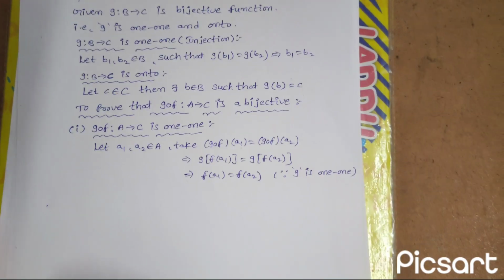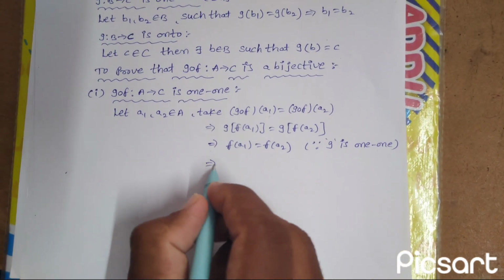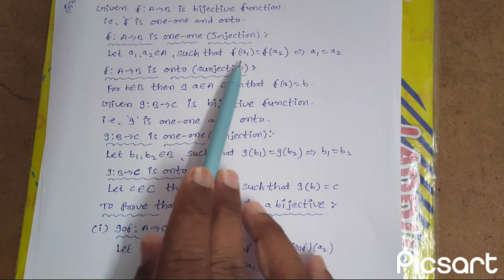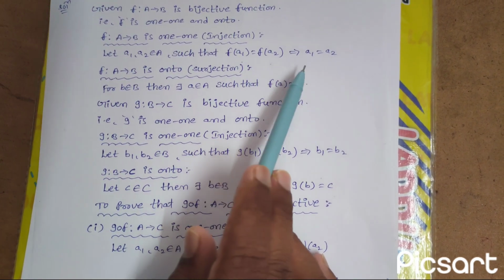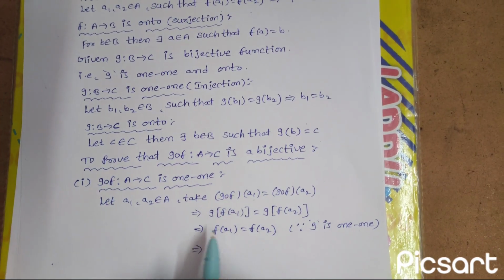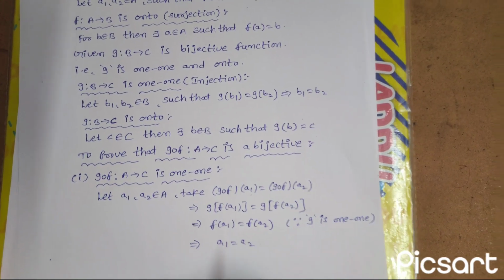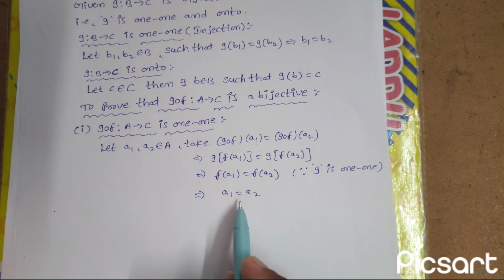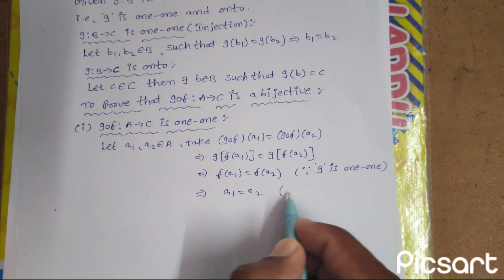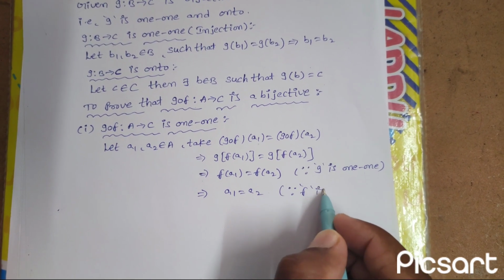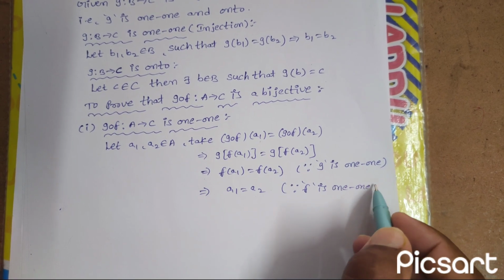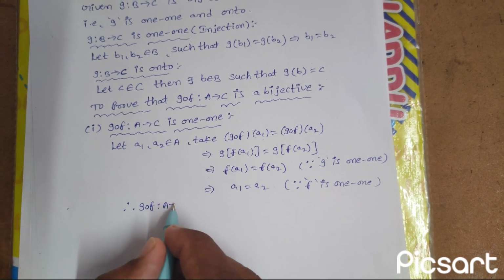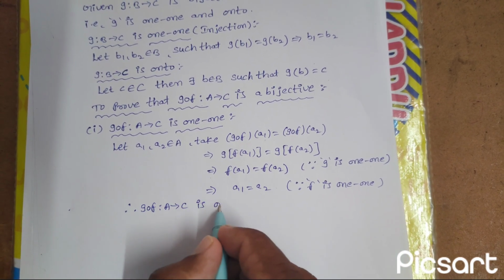According to the definition of 1-1 function, f of a1 is equal to f of a2 implies a1 is equal to a2. So g circle f from capital A to C is a 1-1 function.